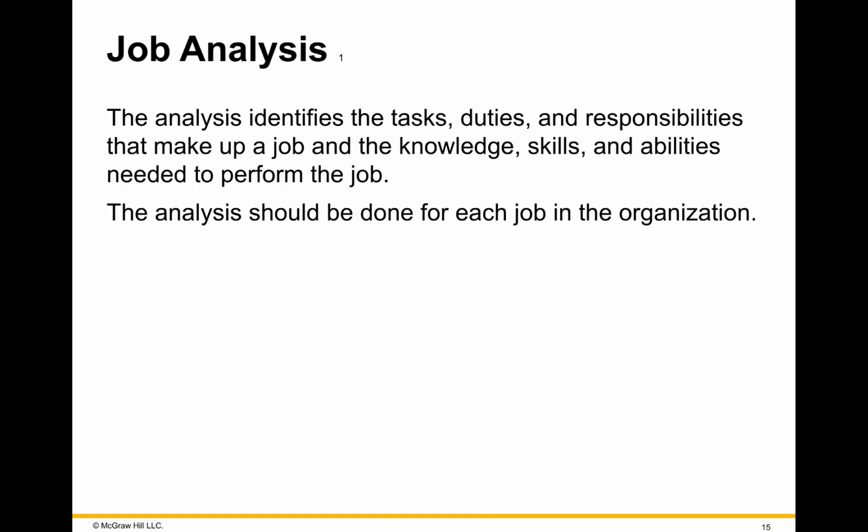Next, managers need to do job analysis before they can do the recruitment and selection. So in the job analysis, they need to identify the tasks, duties, and responsibilities that make up the job, which is called the job description.